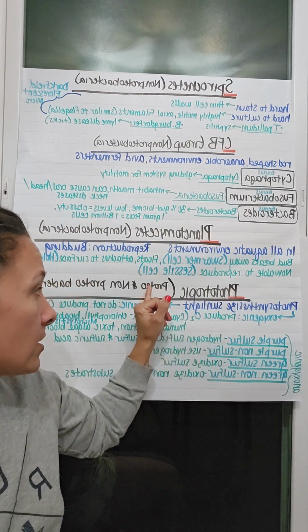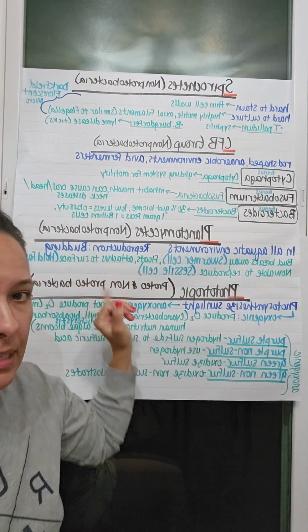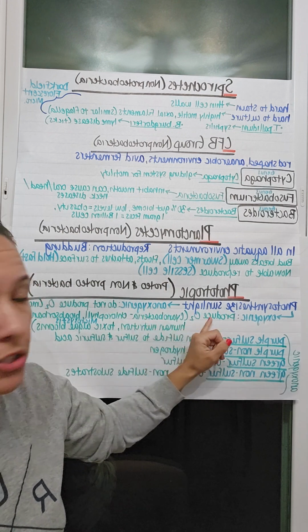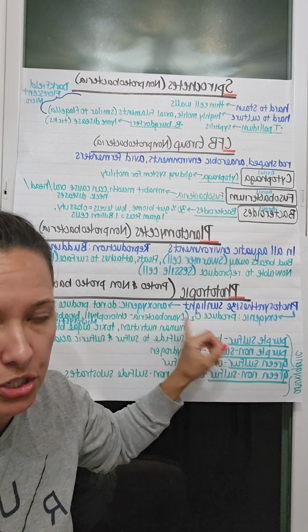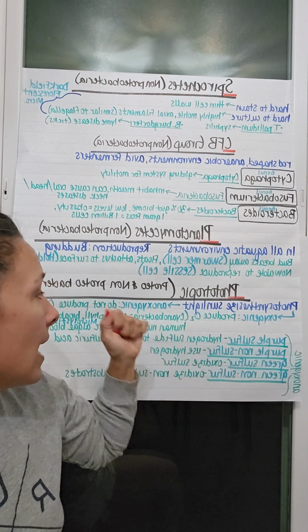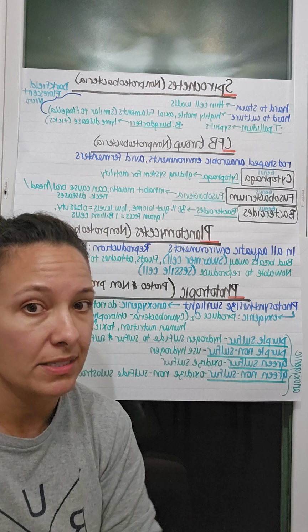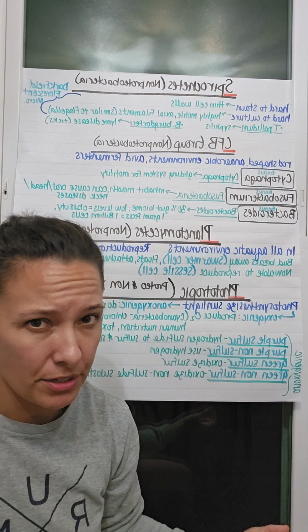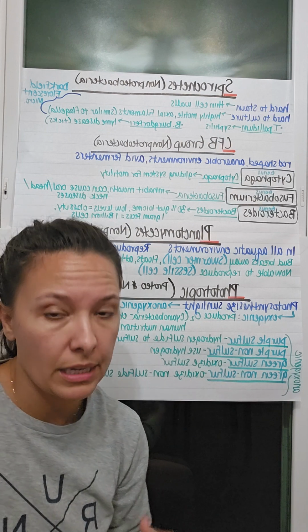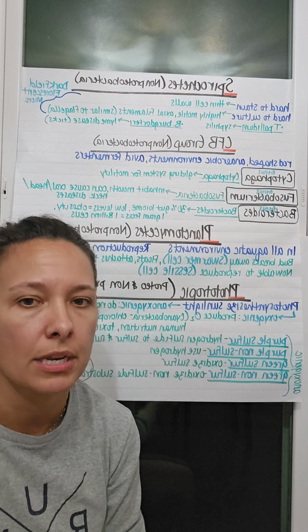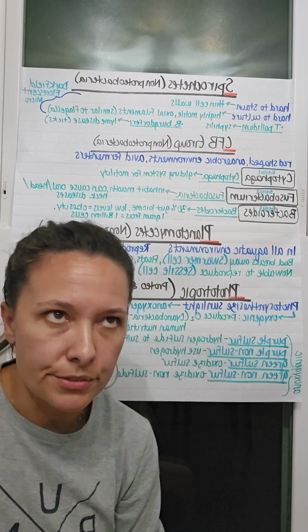So not only are some proteobacteria and some non-proteobacteria, but also some produce oxygen and some do not. So some are oxygenic and some are not. Now, the anoxygenic, which means it does not produce oxygen, that's the majority of the bacteria that we're looking at. So the majority of the phototrophic bacteria does not produce oxygen. But of course some does, because there's always an outlier.